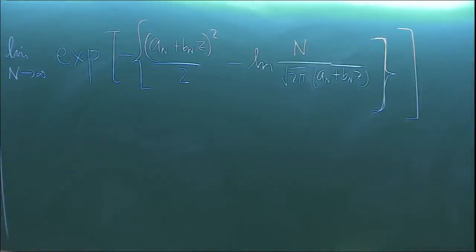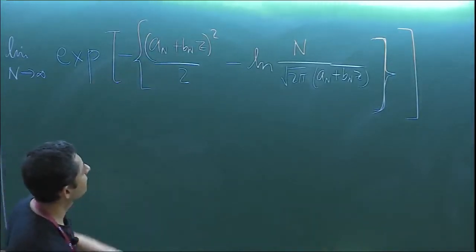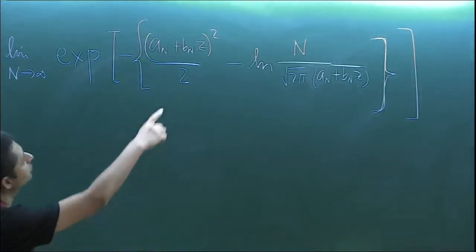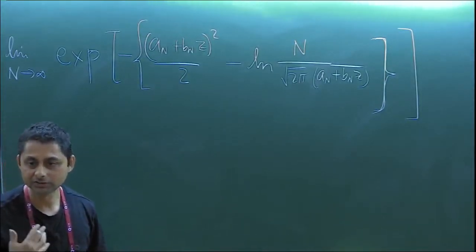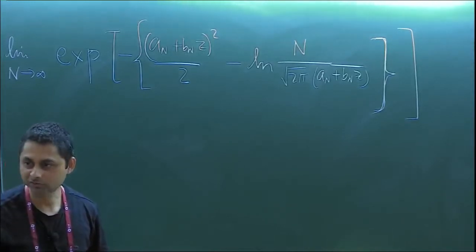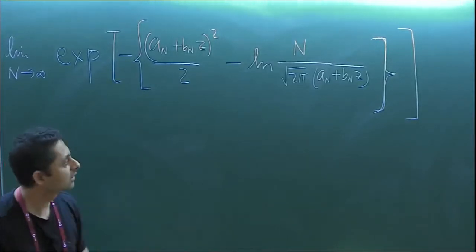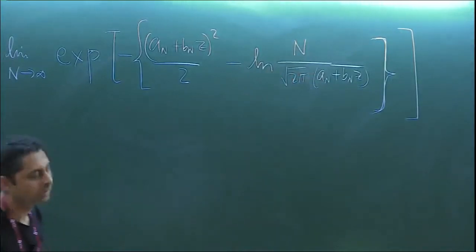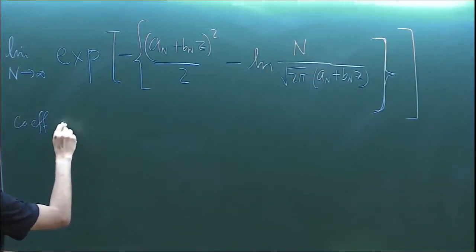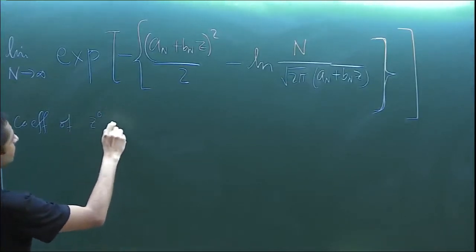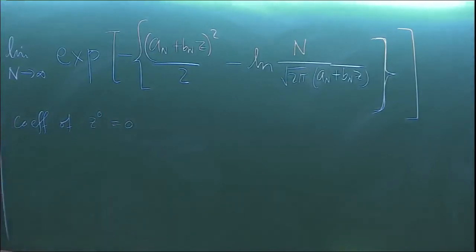So now you can choose an and bn in such a way that this works. You just expand this thing and then compare the coefficients of z, coefficients of z square, and so on, because it will have all the terms. The coefficient of z to the power 0 should be equal to 0.